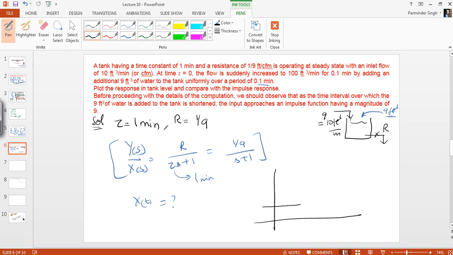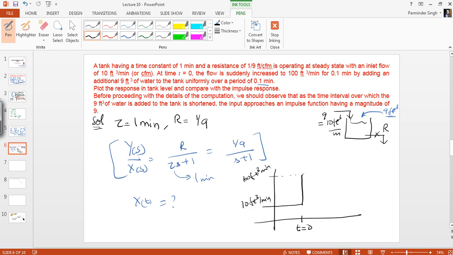Initially, at time t equal to 0, what was the input? The input was 10 feet cube per minute. At time t equal to 0 the flow increased to 100 feet cube.